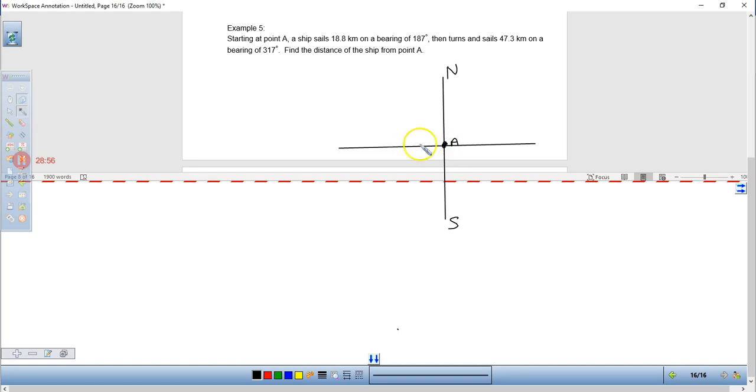So this is point A. It says that we leave from point A and we sail 18.8 kilometers at a bearing of 187 degrees. Remember that if we're thinking of a general coordinate grid, this is 180 right here. So that means I'm really going from right here like this, and then I'm traveling really at 7 degrees. This is 7 degrees.